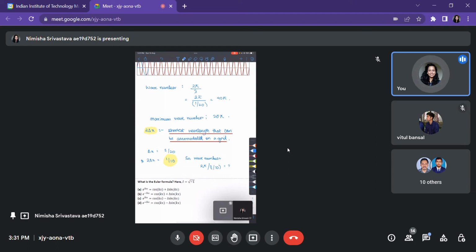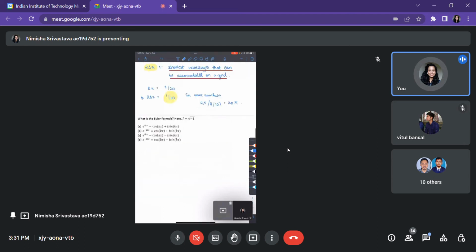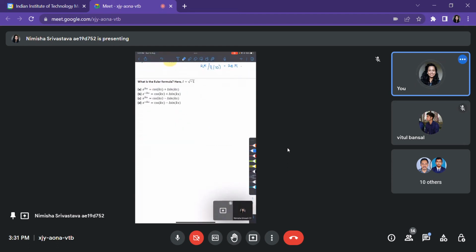then let's move on to the next question, that is what is the Euler formula. So we discussed the Euler formula earlier. Here capital I is used for iota, that we generally know as iota. Okay, great. A and D, you are right, Akshat. Here capital I is used everywhere because we are using I as the index number as well. I'll try to avoid that confusion.